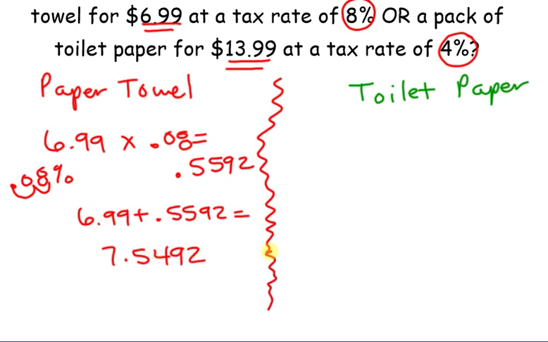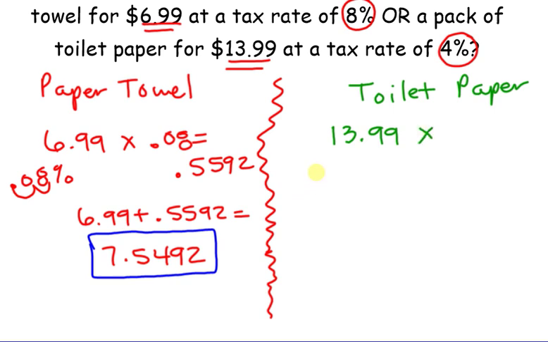I'm going to hold off on rounding until I see what the toilet paper is here, because if they're really close, sometimes we need to take it out another decimal point. So I'm going to hold off on rounding, but I'm going to box this off as our almost final answer. Okay, let's do toilet paper.